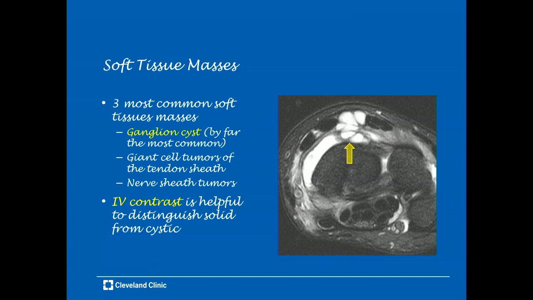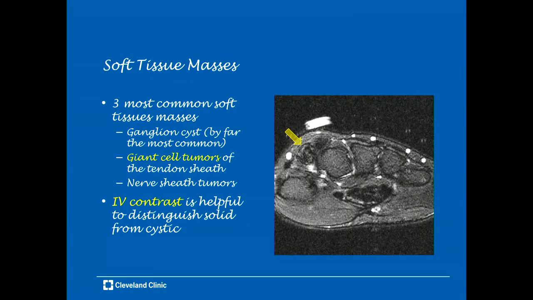They have characteristic locations which you should familiarize yourself with, as this case here in the dorsal aspect of the wrist near the scapholunate interval. Giant cell tumors, on the other hand, rather than being cyst-like and high in signal, tend to be low in signal on all pulse sequences, as shown here. IV contrast can be helpful in these situations when evaluating soft tissue masses to distinguish a solid from a cystic mass.